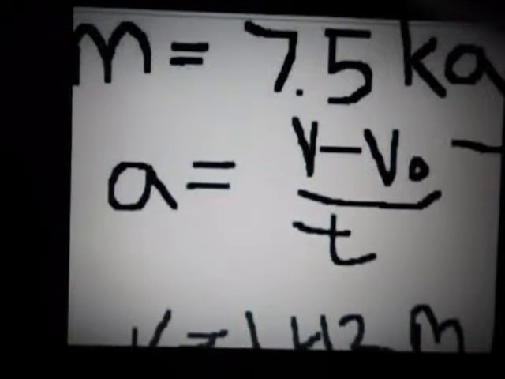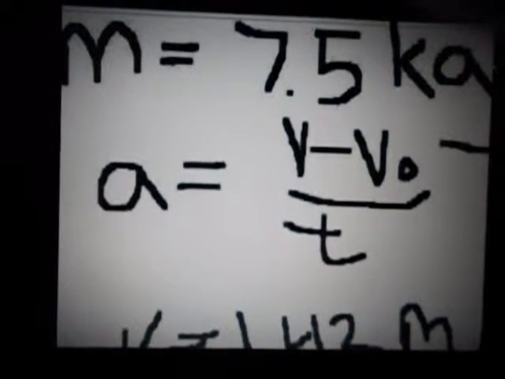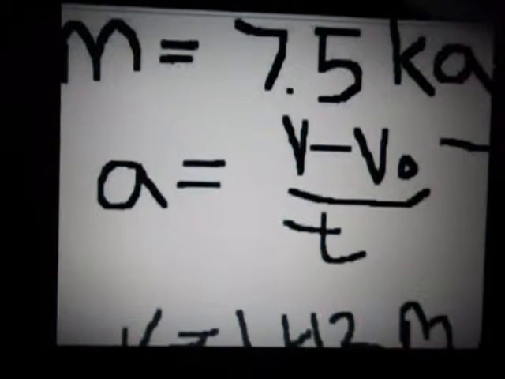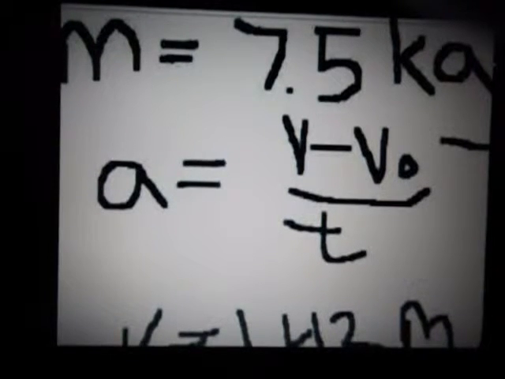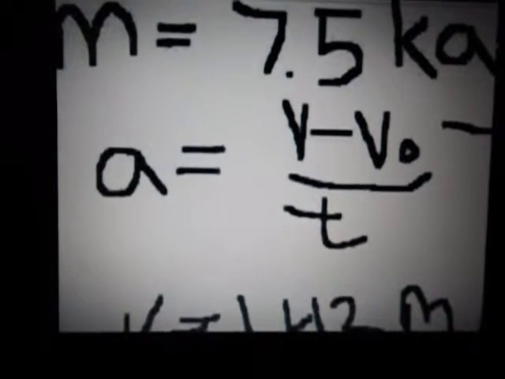Velocity is equal to the initial velocity plus acceleration times time. This formula can be manipulated to read velocity minus initial velocity divided by time equals acceleration. Since the initial velocity is 0, you're left with velocity divided by time equals acceleration.